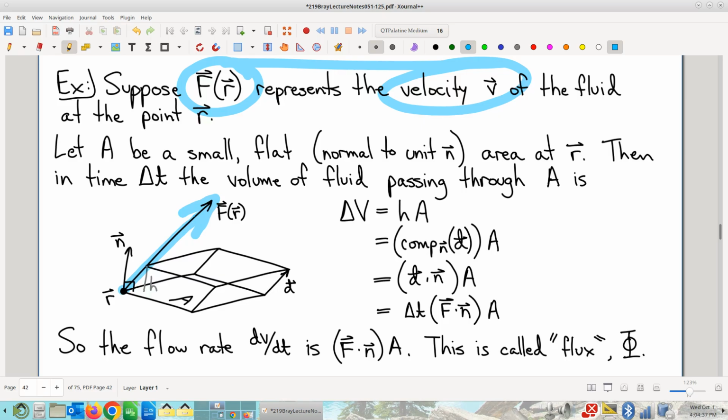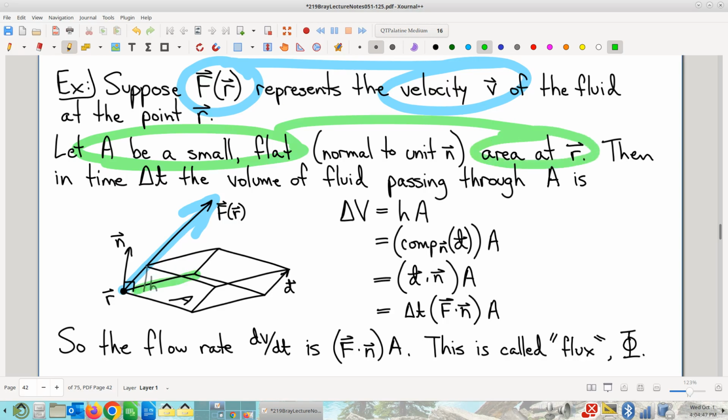So let's assume that this vector field is constant, and you'll notice this piece of surface that I have down here is a flat piece of area. Right, specifically indicated that it's flat. We just want the nicest possible scenario. We will consider non-flat surfaces and non-constant vector fields. We'll consider all that later.